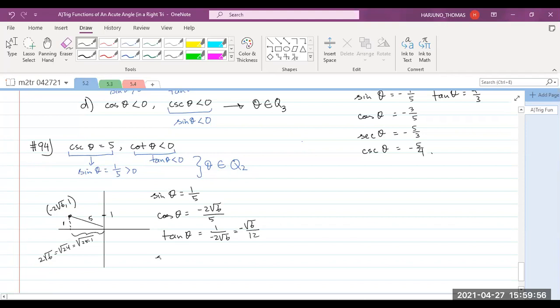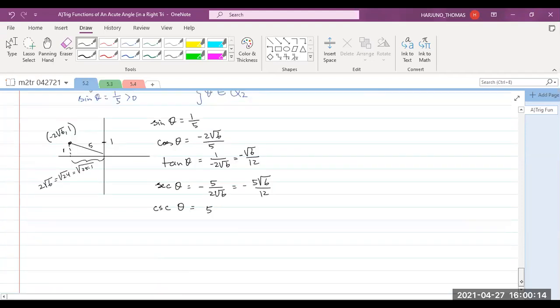And then secant theta, that's just the reciprocal, negative 5 over 2 radical 6. That's negative 5 radical 6 over 12. Cosecant theta, reciprocal of sine, that's 5 over 1. And cotangent theta is negative 2 radical 6 over 1.